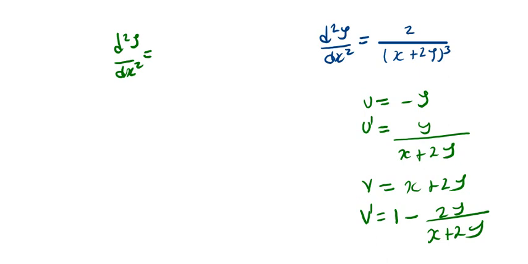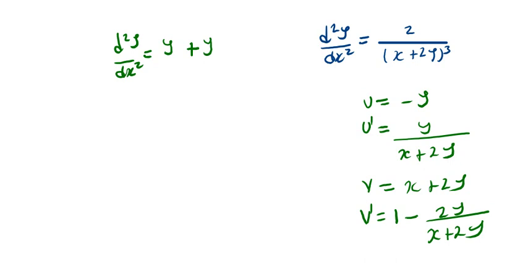If you say your u prime is y divided by x plus 2y, and you multiply this by v, which is x plus 2y, you observe this one goes and that one goes. So we can get rid of that, and you're just going to remain with a y. Then minus, you're going to subtract your u multiplied by v prime. Your u is minus y, so if you multiply by this negative, this is going to be positive y.